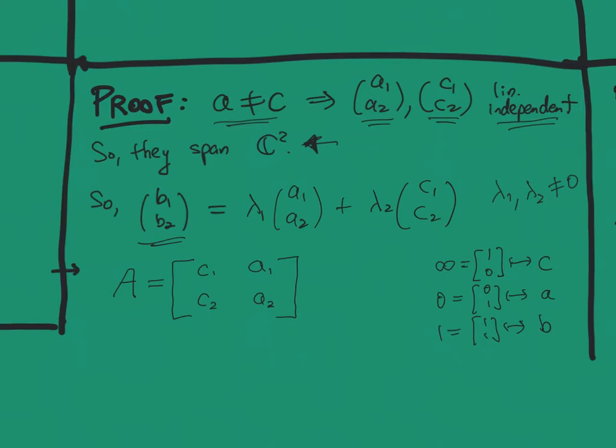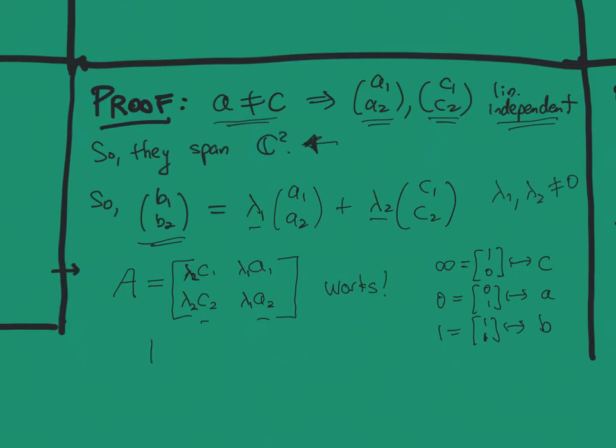But if we throw these lambdas in there, it actually does the right thing, because you need this column plus this column to add up to B. Well, replacing A and C with multiples doesn't change them inside of CP1, so that's not a problem. So I can put lambda 1 here, lambda 1 here, lambda 2 here, and lambda 2 here, and this matrix works.